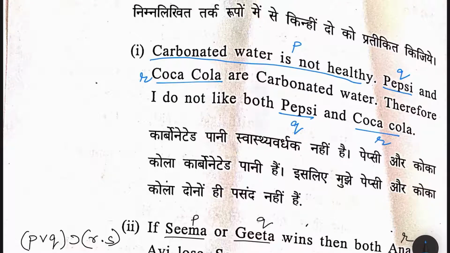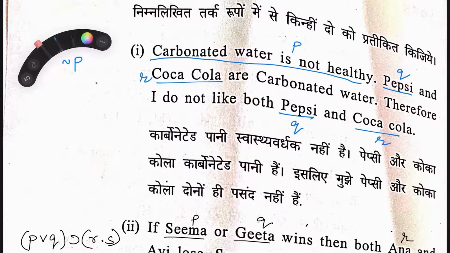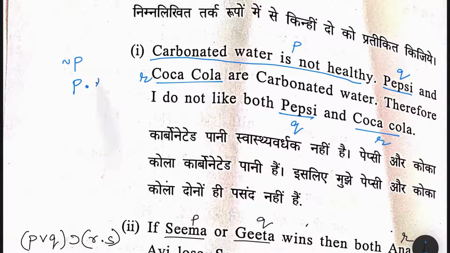So carbonated water is not healthy. So this is your first premise, negation of P. Pepsi and Cola are carbonated water, meaning that Pepsi is carbonated water and Cola is also carbonated water. So you'll simply write Q dot R. So this is your second premise, and let's move on to the last one.